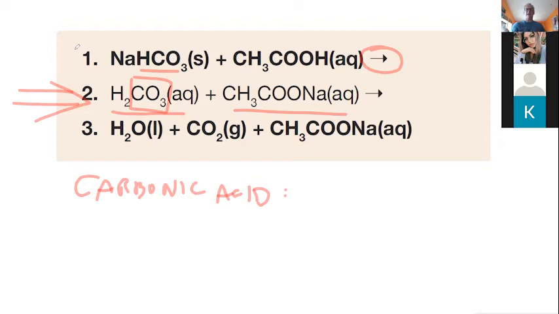What is this other thing? What's this? Is it sodium acetate? It is sodium acetate, exactly. So what kind of reaction is this?